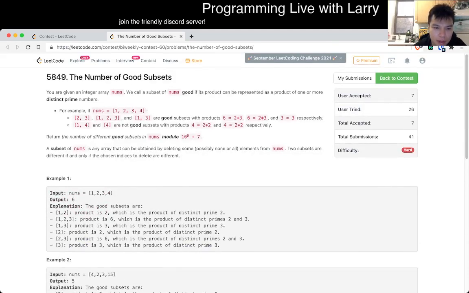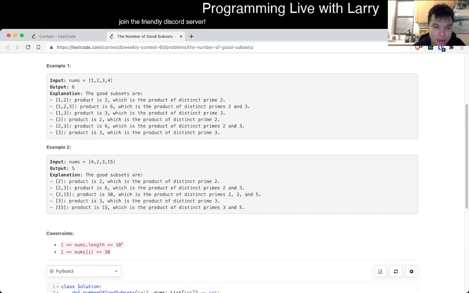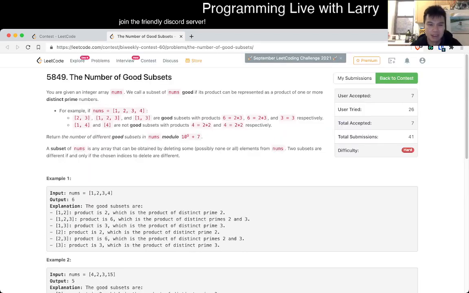Two subsets are there. The product of one or more distinct prime numbers. Okay, I guess this is not distinct is what they're saying, because 4 is 2 times 2. They could phrase that in a more English way. I think the distinct does a lot of work here. Okay.